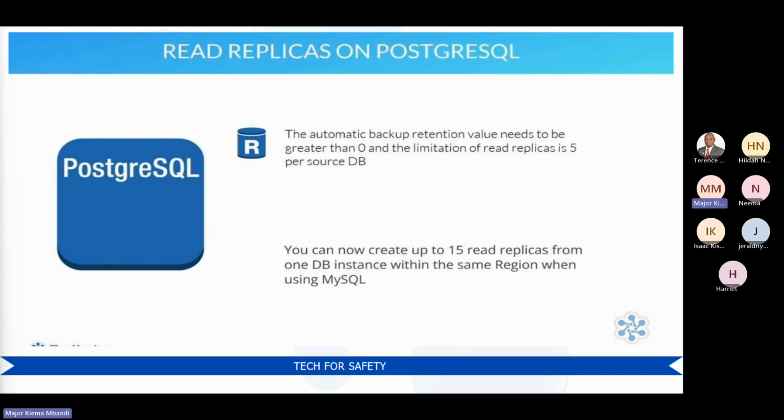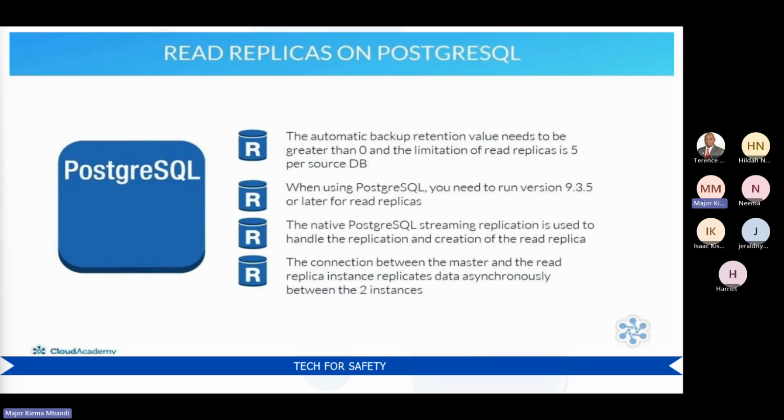You can now have up to 15 replicas from 1 DB instance within the same region when using MySQL. So if you use just native MySQL, not a flavor like Postgres, you can have up to 15. But for Postgres, you can still have 5 per source.